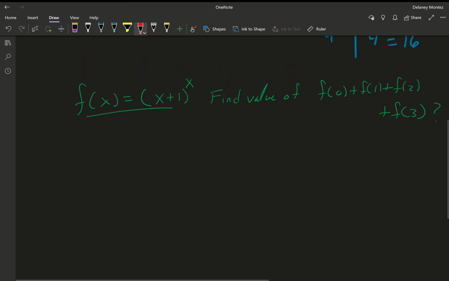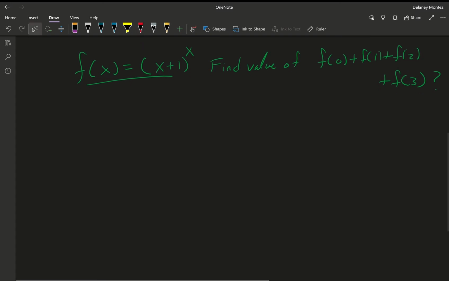So we have our function here. Our inputs, x, will be 0, 1, 2, and 3. And what are our f of x? For 0, we'll do (0 plus 1) raised to the 0.